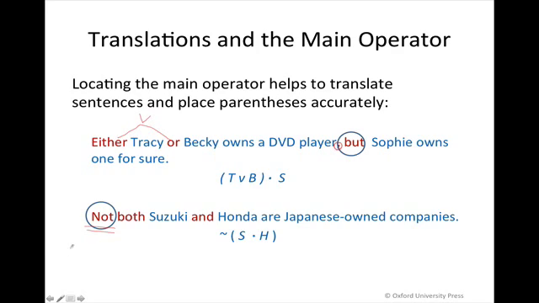It's oftentimes the case, although as we've seen just now in the first example, that the first word of your sentence, if it is a connective word, is the main connective. In addition, if you have, as you have here, two connectives together, not and both, the first connective is driving the sentence.